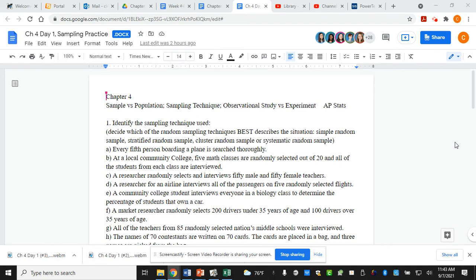For 2A, what is our population? All American households. For the sample, now, including the number is never required in the sample, but sometimes it's just easier to be specific.